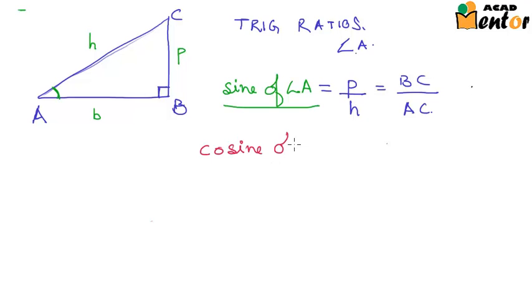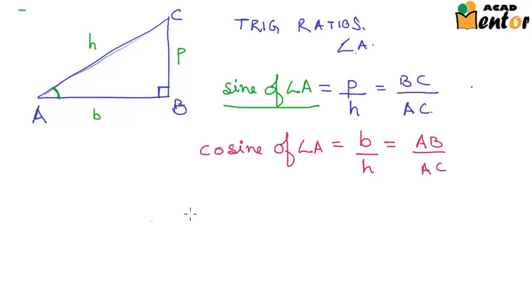Cosine of angle A is equal to base by hypotenuse. It's easy to remember because sine was perpendicular by hypotenuse, so base was the only one left alone. So the next one is cosine, with base in the numerator and hypotenuse in the denominator. The base for angle A is AB and the hypotenuse is AC.